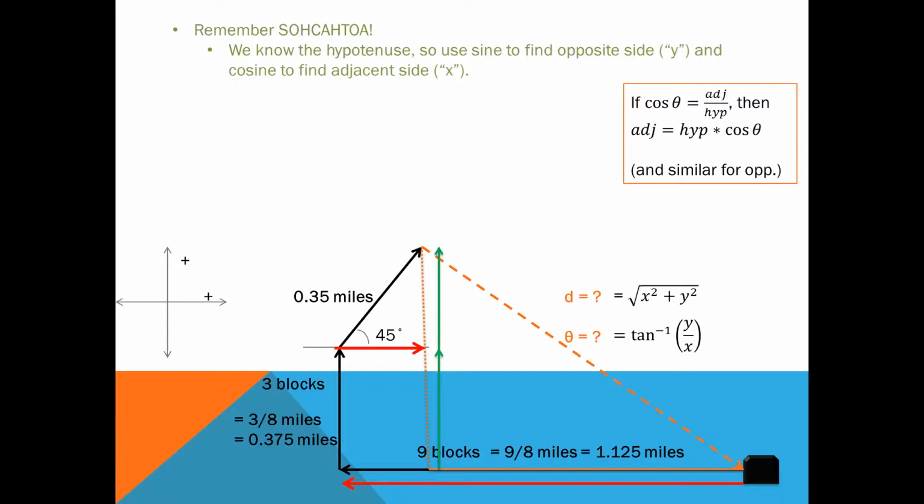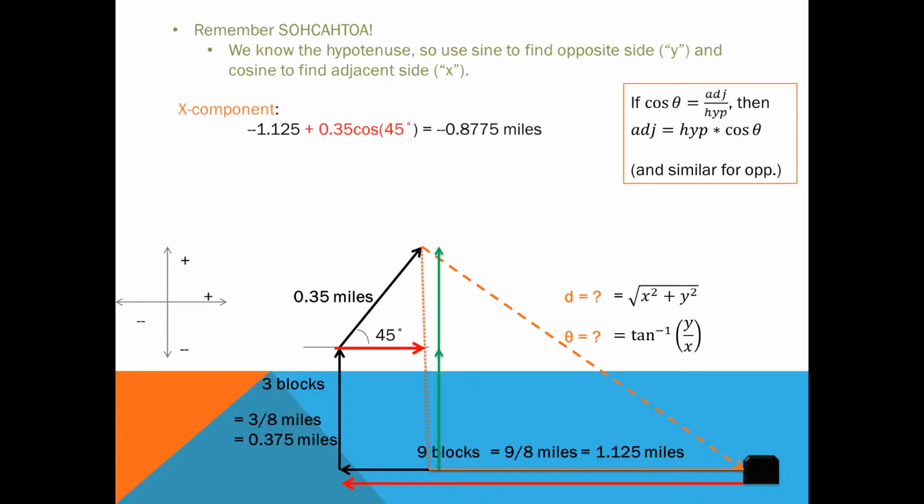Standard convention says that right and up are positive directions, or east and north are positive directions, whereas down and left, or south and west, are negative directions. Okay, so we'll keep that in mind as we do our math.